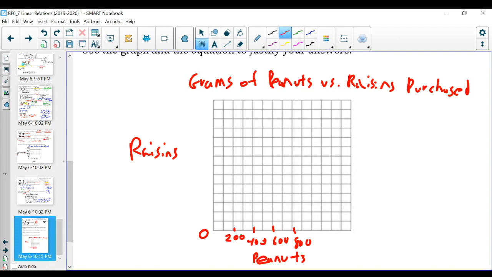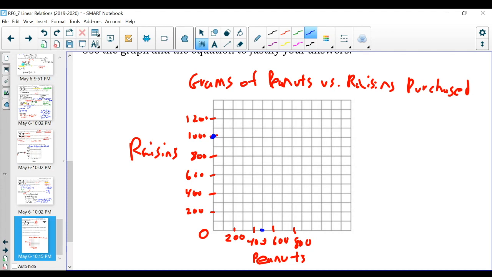And again, every 2 ticks is 200. And we can plot our 2 points. So when there were 0 grams of peanuts, we know that there were 1,000 grams of raisins. And when there were 0 grams of raisins, there were 500 grams of peanuts.